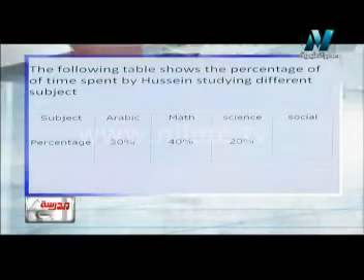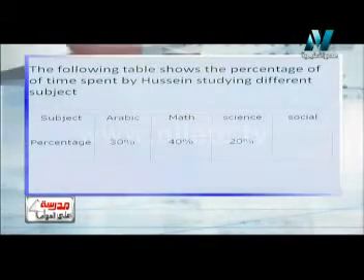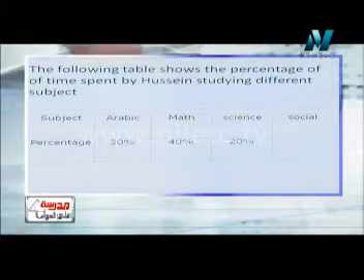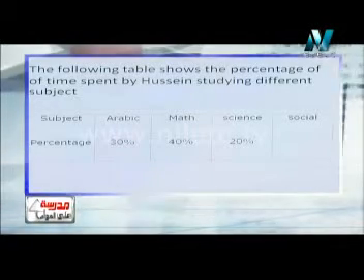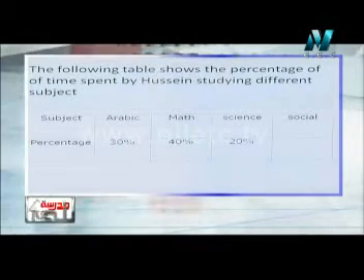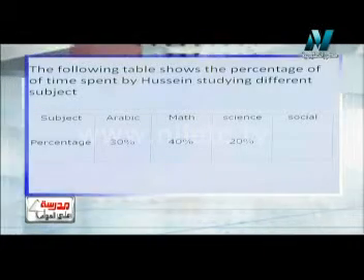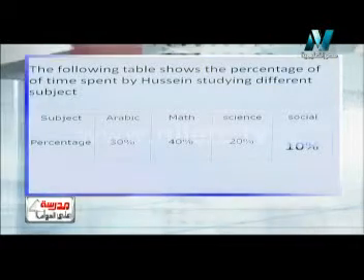How to find it? We will add 30% plus 40% plus 20%, then subtract the result from 100. Then the social will be 10%.